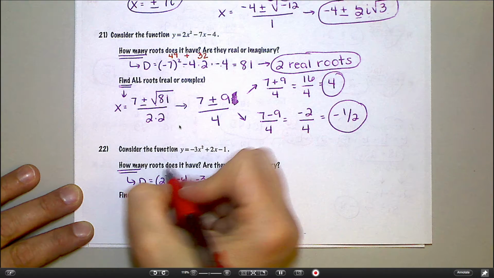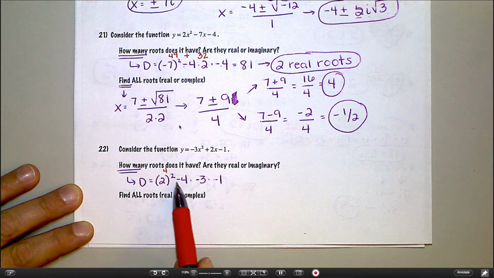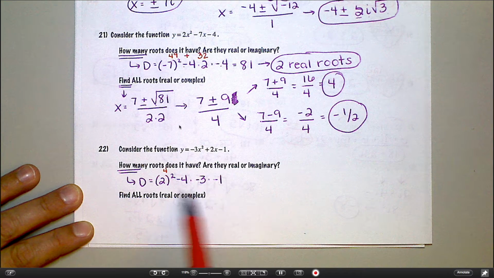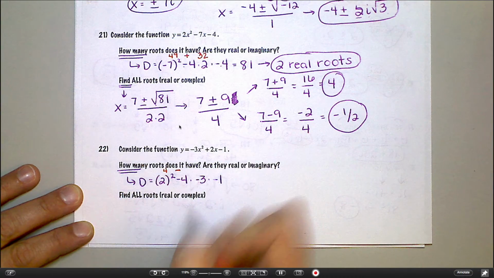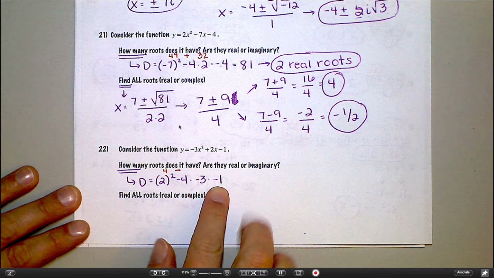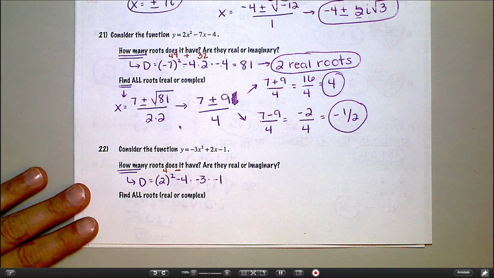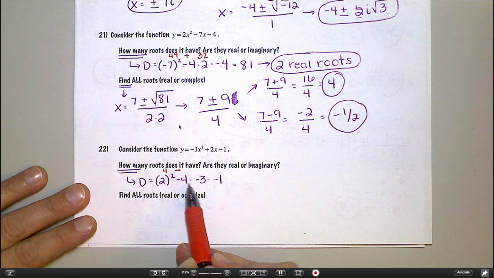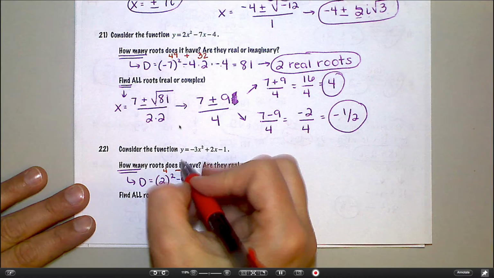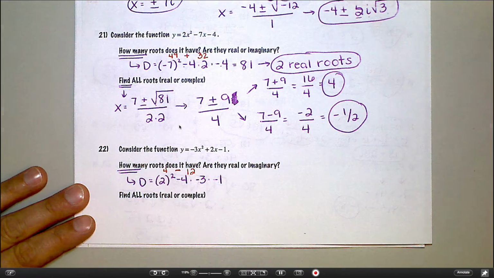So this would be a 4, and then I have minus, minus, minus. So grand total, that's all going to be a minus. Two negatives make a positive, but then multiply by a third negative, and you're back to negative. And then here, I'm doing 4 times 3 times 1, which is 12. Well, 4 minus 12 is negative 8.